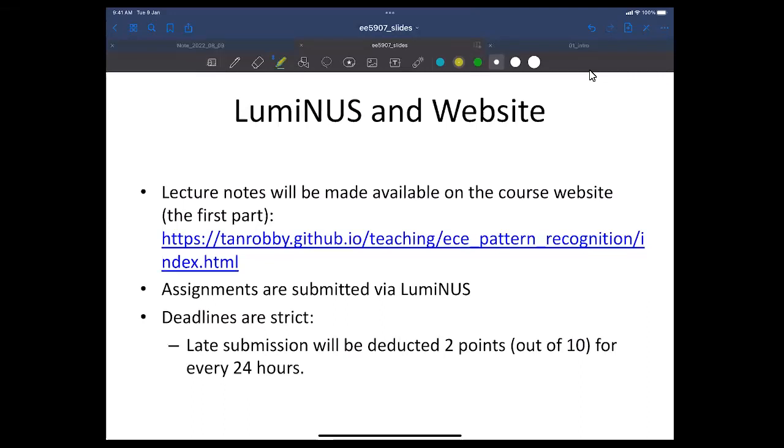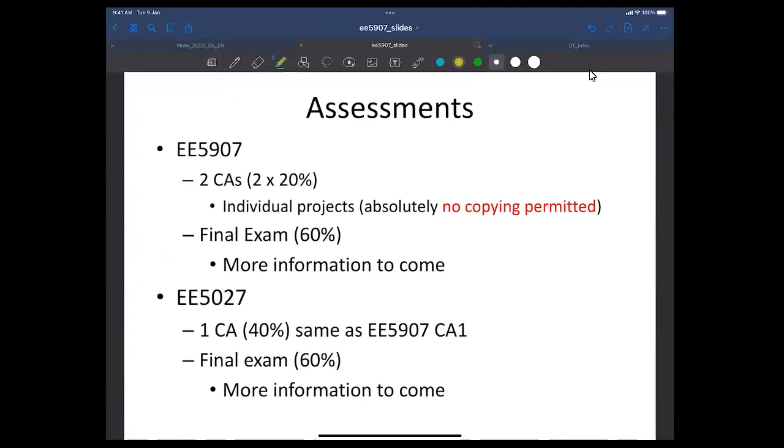So weightage, I will give you the information. Any other questions here? Okay, so this is the weightage of assessment. The CAs, each of them is 20%, so 2 CAs is 40%, and the final exam will be 60%.